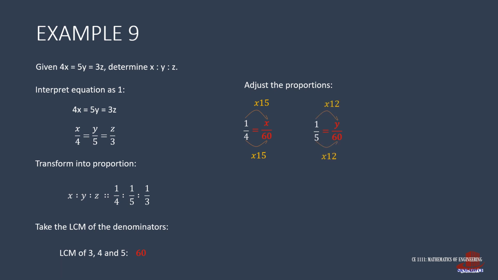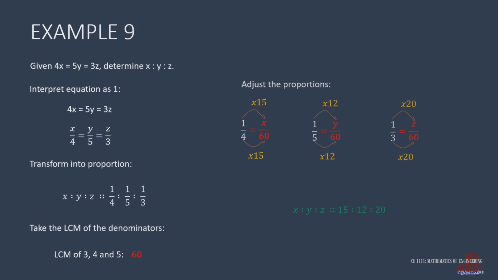That is multiplying the denominator by 12. Last is for z, which is 1/3 to make z over 60, where we multiply 3 by 20. So taking the numerators, we get x is to y is to z, which would turn into 15 is to 12 is to 20.